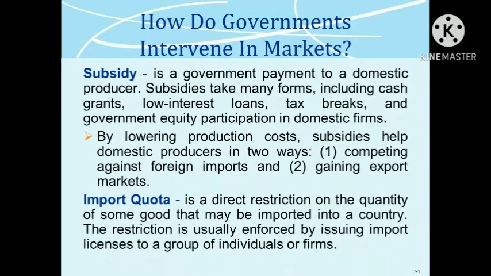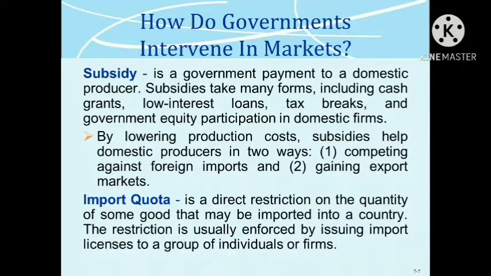The next one is subsidy. It is a government payment to a domestic producer. Subsidies take many forms, including cash grants, low interest loans, tax breaks, and government equity participation in domestic firms. By lowering the production cost, subsidies help domestic producers in two different ways.